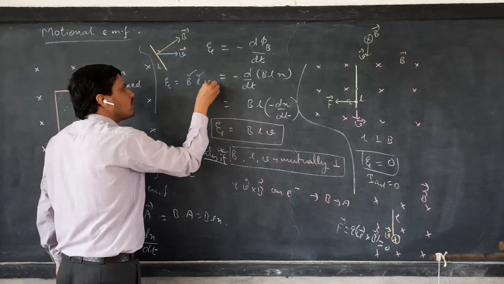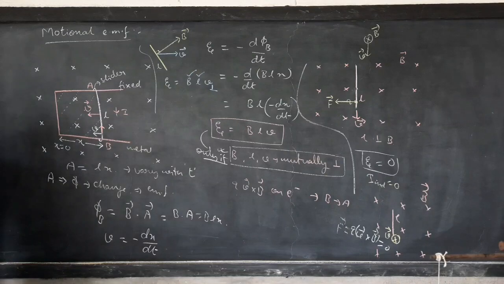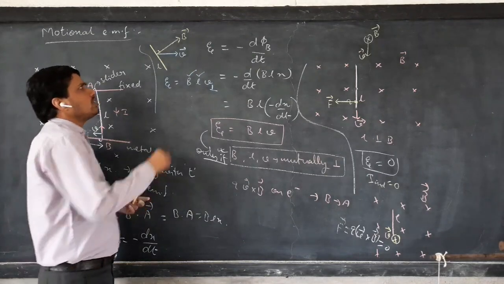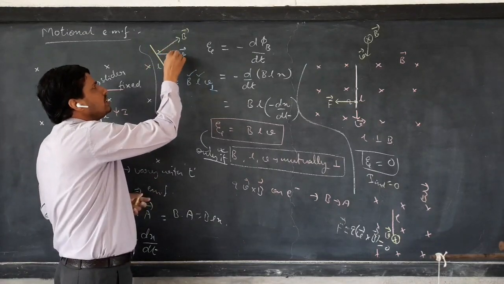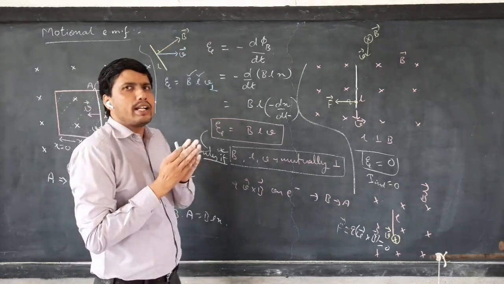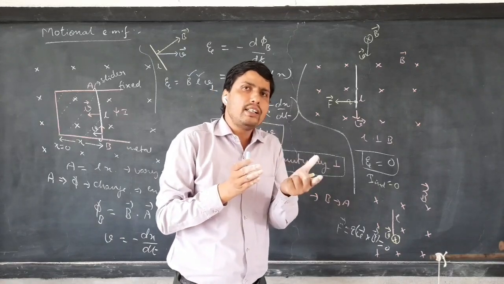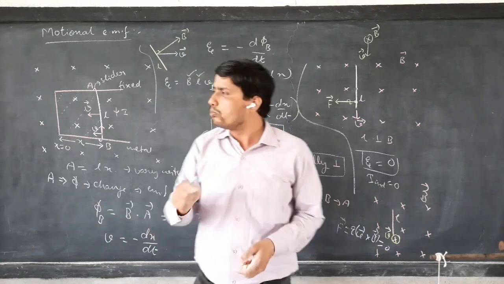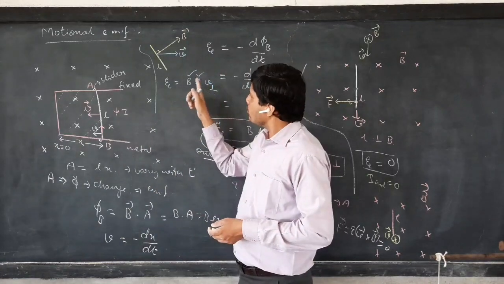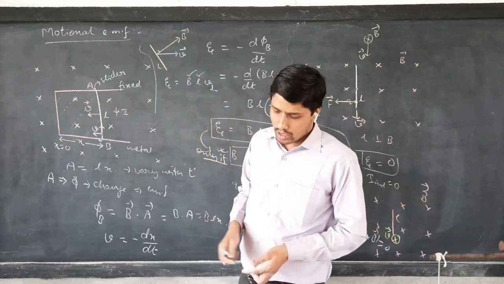Instead of V, you have to write the component of V which is perpendicular to both B and L. Clear? Actually, in 3 dimensions it should be drawn. The V is not lying in the same plane. V should be tilted like that. So you have to find a component of velocity which is perpendicular to both B as well as L. That component I'm writing as V perpendicular. So here the expression will change from BLV to BLV perpendicular.